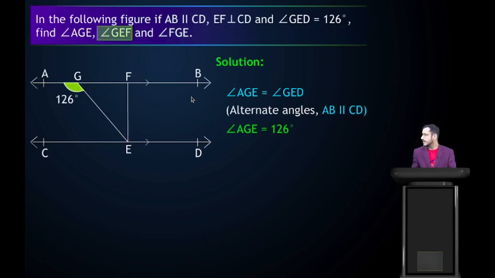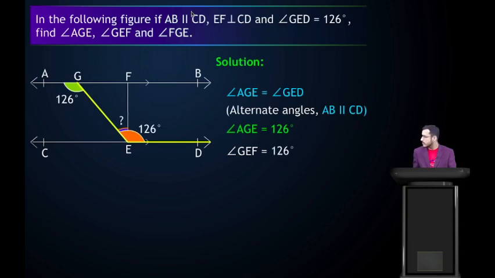Now angle GEF. When we talk about angle GEF, G, E and F, that angle. When we find GEF, angle GEF is equal to angle GED minus 90 degree, that means FED.